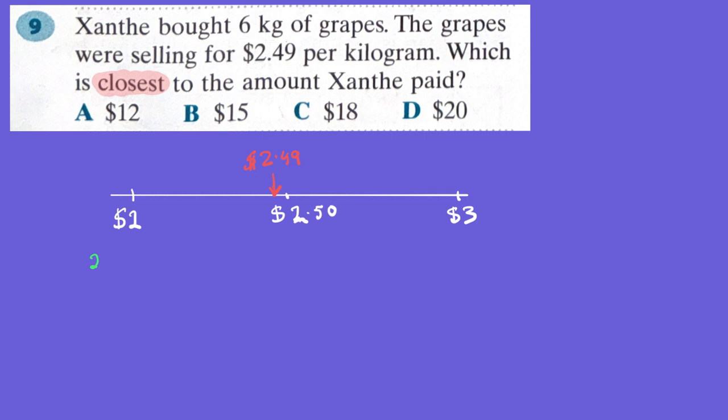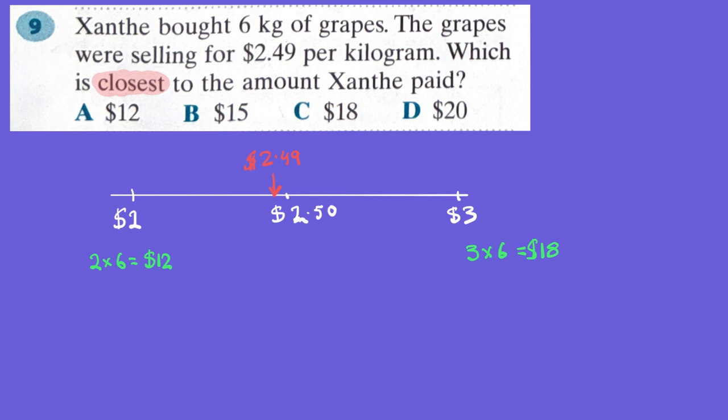So $2 times 6 kilograms will give us $12. And if we use $3 per kilogram, then we would be paying 3 times 6, which would be $18. So there are 2 answers here. We've got $12 and we've got $18. And which is the one that is right? Well, the nearest estimate would be $2.50.